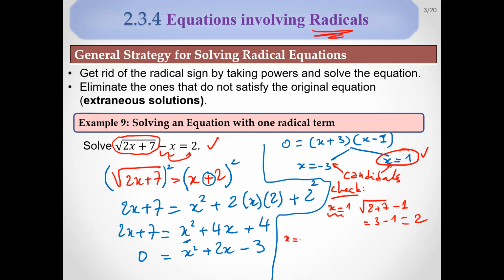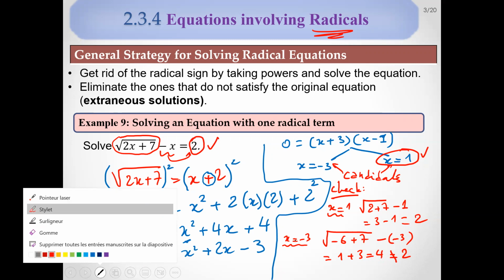For x equals minus 3, we replace, we get root of 2 times minus 3 plus 7, minus 3. Root 1 is 1, and 1 plus 3 is 4. But we need the equation to give 2. So is 4 equal to 2? Of course not.